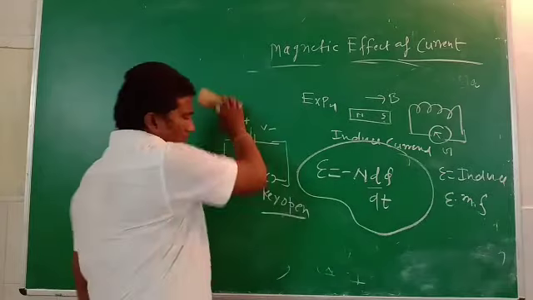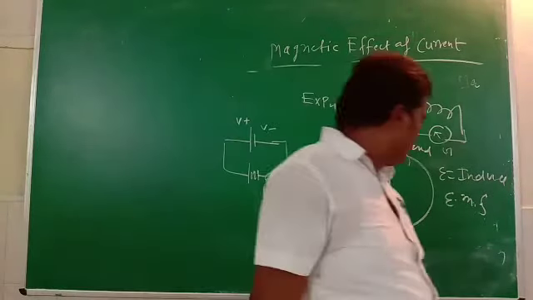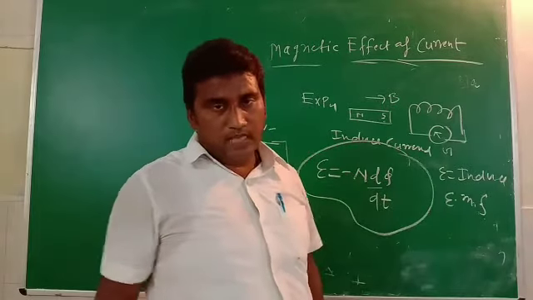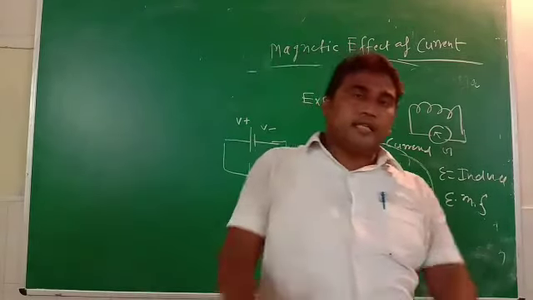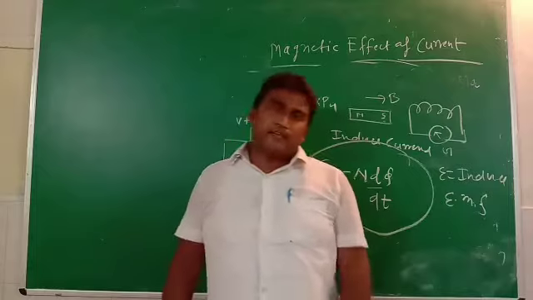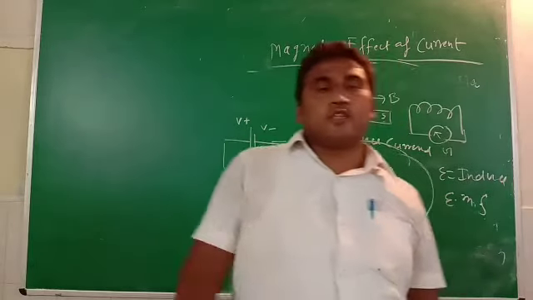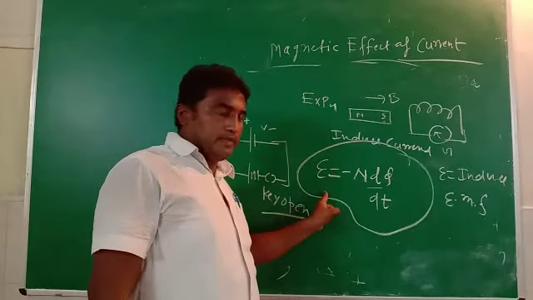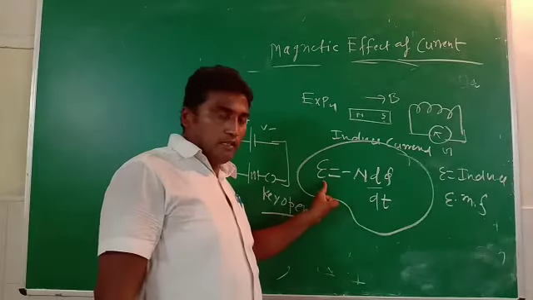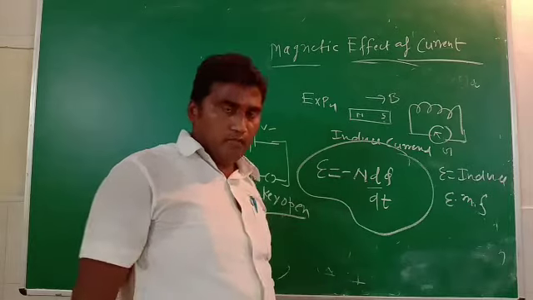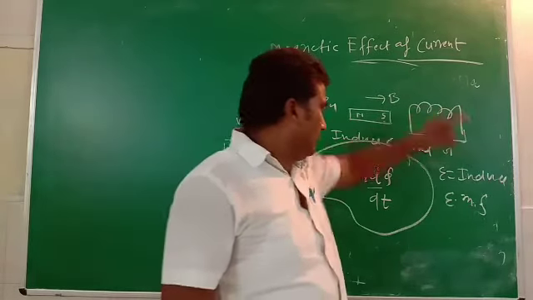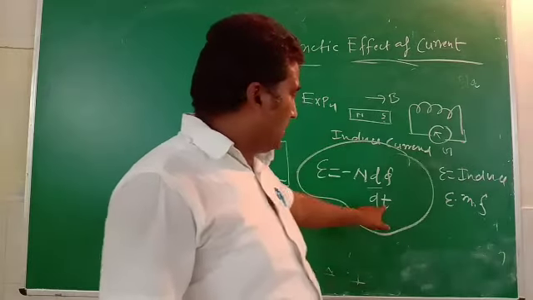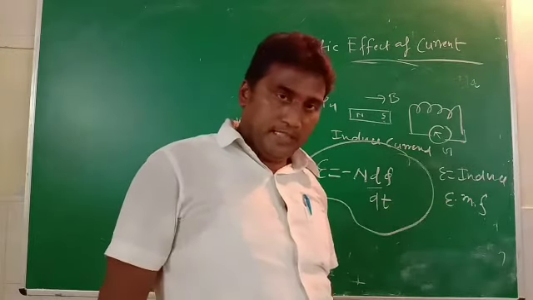Now we discuss what electromagnetic induction is. We know that electromagnetic induction develops from the linkage of magnetic flux, and it is always opposed by that source. That is the mathematical relation: E is the induced EMF, N is the number of turns, that is the coiling, phi is the magnetic flux, and t is the time taken.